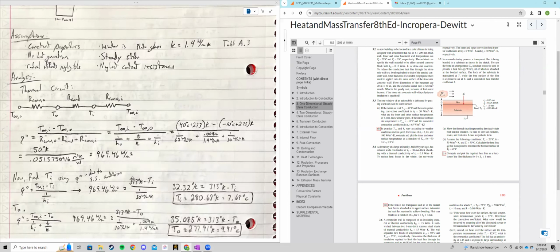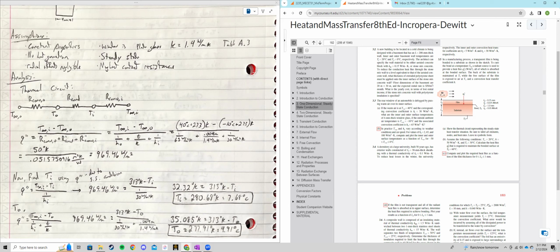We do know what the internal temperature is, the 40 degrees Celsius plus 273, which gives us 313 Kelvin, over 1 over 30 watts per meter squared Kelvin, all equal to that 969.46 value that we found earlier. With some simple algebra, the temperature of the internal layer turns out to be around 280 Kelvin, or more specifically 7.68 degrees Celsius.